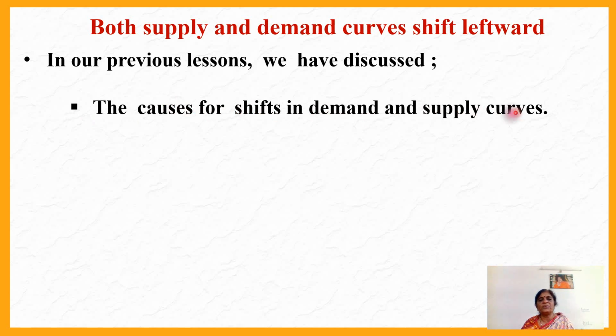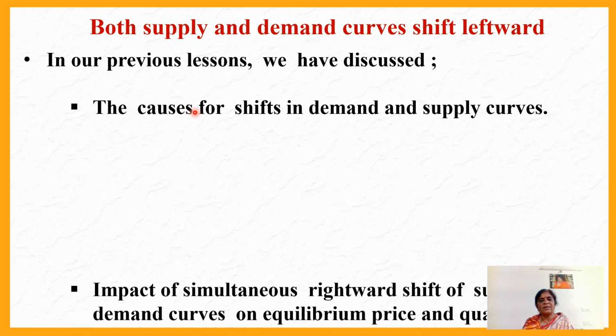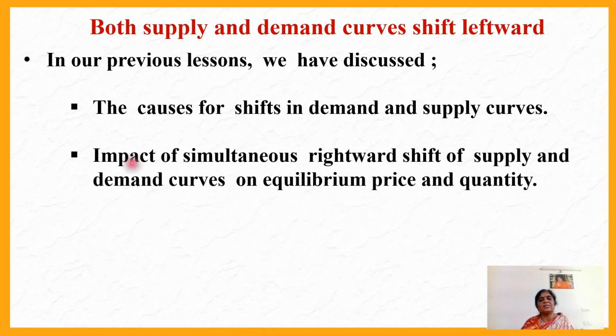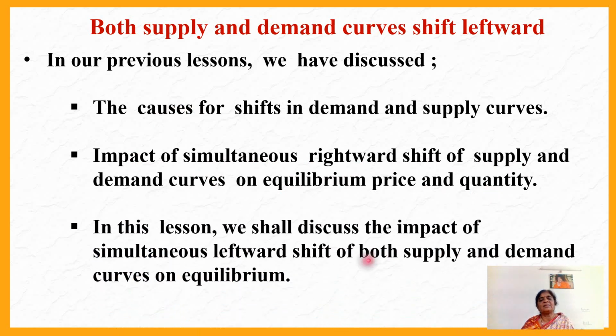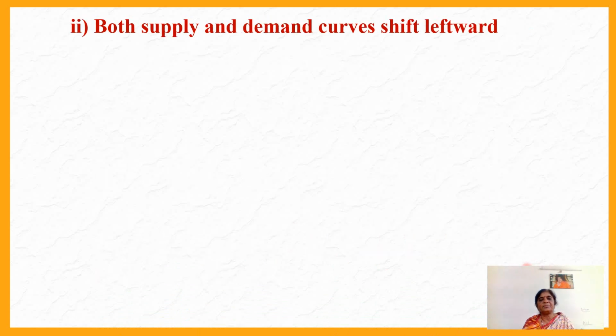You are all clear about it, and the same causes would also apply for today's lesson. We also have discussed the impact of simultaneous rightward shift of supply and demand curves on equilibrium price and quantity. And in this lesson, we shall discuss the impact of simultaneous leftward shift of both the supply and demand curves on equilibrium.